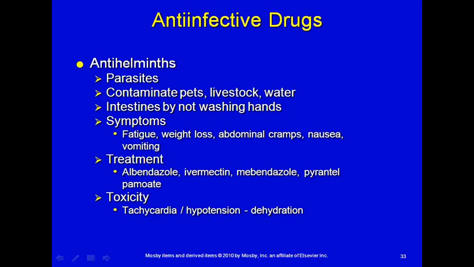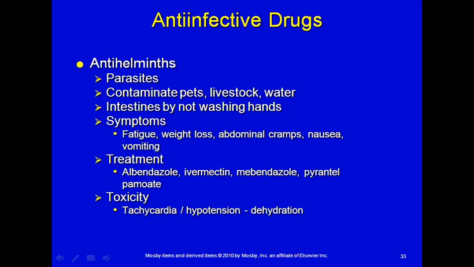The symptoms include fatigue, weight loss, abdominal cramps, nausea, vomiting, diarrhea, and treatment is with this list of medications: albendazole, ivermectin. You can read them. I'm not going to stumble through the pronunciation of those.